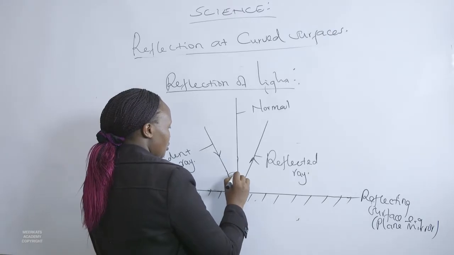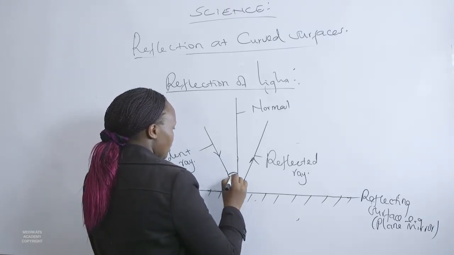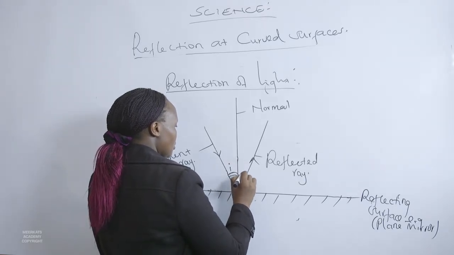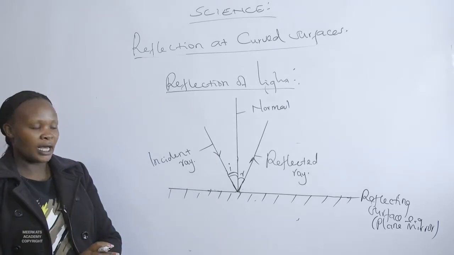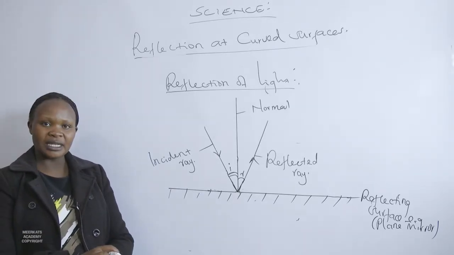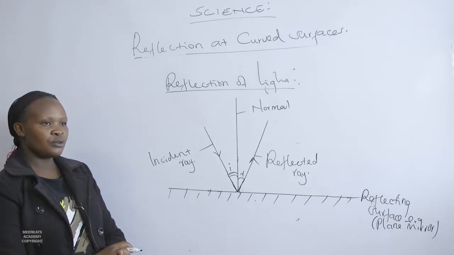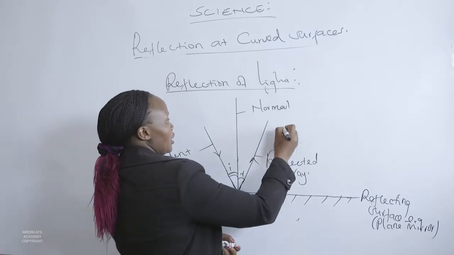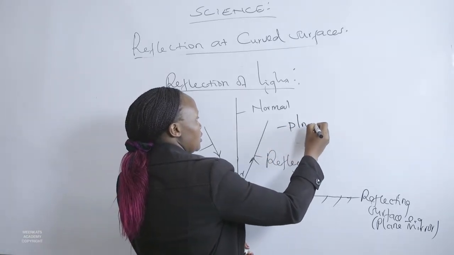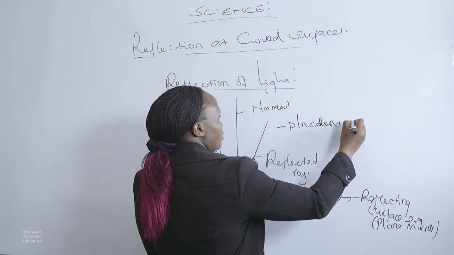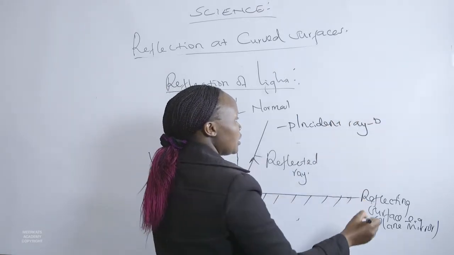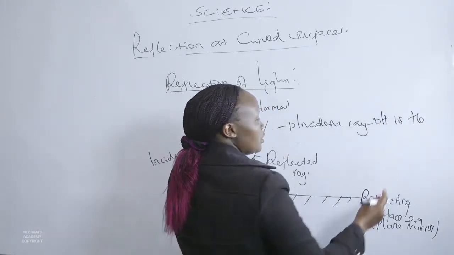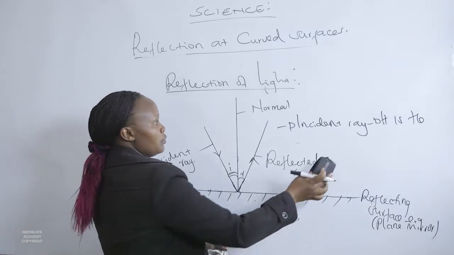Now, again, we should look at these angles. Let us call this I, and this one we can call small r. Now, those angles are equally very important when we are talking about reflection of light because the incident ray, we start by defining it as, not ray but angle.